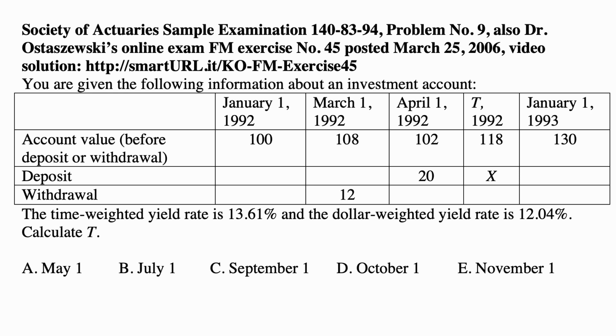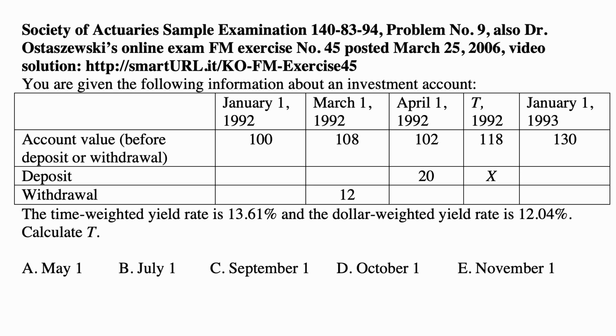Here's a problem for today for exam FM on financial mathematics. You are given the following information about an investment account, and you are given the account value before deposit or withdrawal on January 1st, 1992, March 1st, 1992, April 1st, 1992, a certain time in 1992 denoted by T, and then January 1st, 1993, and the account value is respectively 100, 108, 102, 118, and 130.